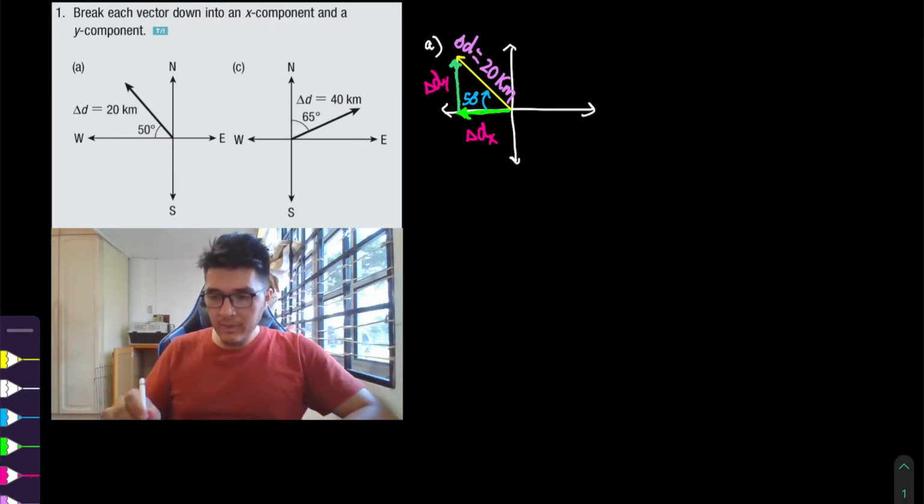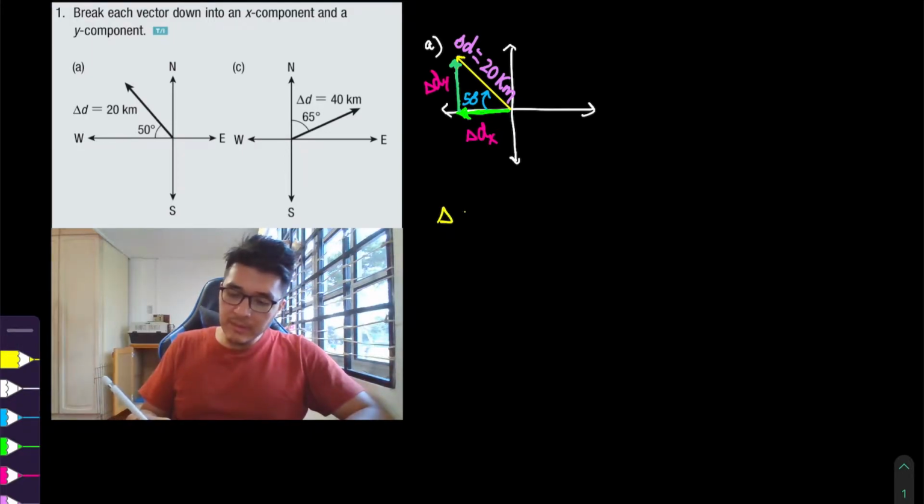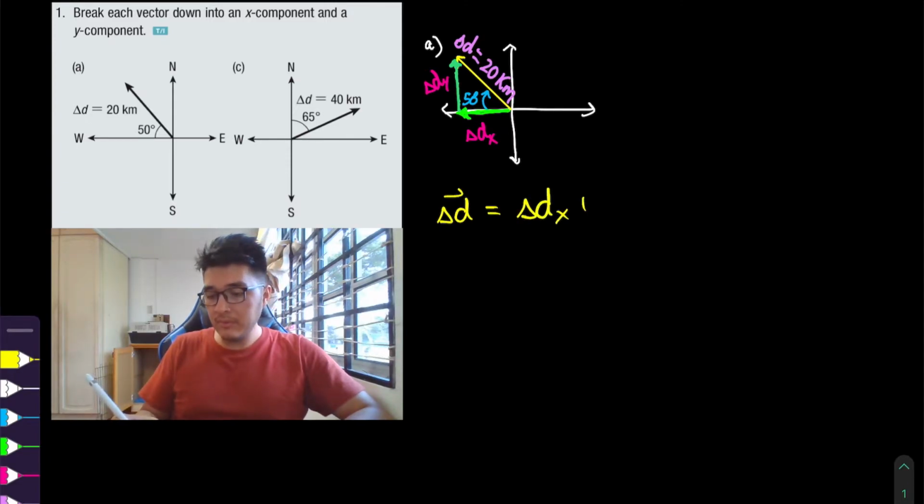Now notice how I've attached them. They're attached head to tail, because the sum of the x component plus the sum of the y component gives you back the original vector. This is the reason why we use rectangular components. So our original vector, delta d, is just the sum of its component vectors, delta dx plus delta dy.